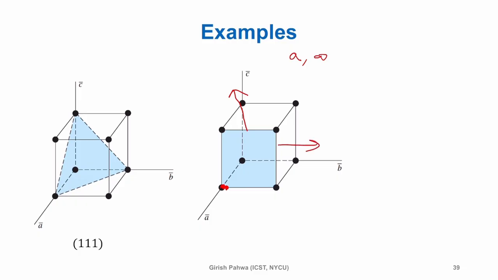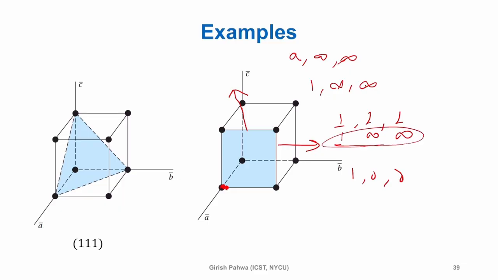This is also infinity. So this will be 1, infinity, infinity. Yes. Take the reciprocal, 1 by 1, 1 by infinity, 1 by infinity. So that gives you 1, 0, 0. Okay. You don't have to take the LCM of this because there's an infinity involved, so you can just leave it here, 1, 0, 0.